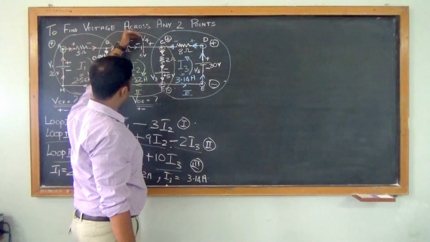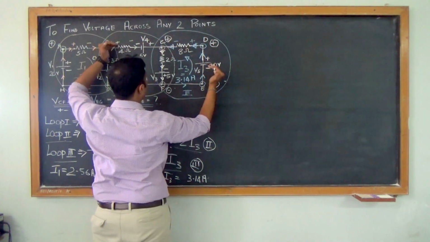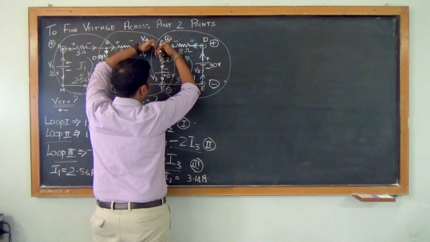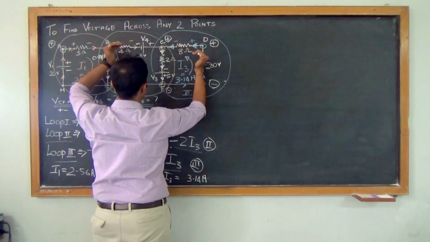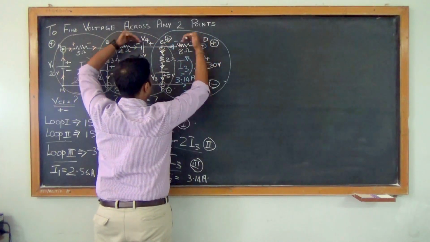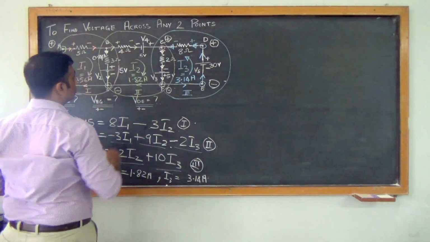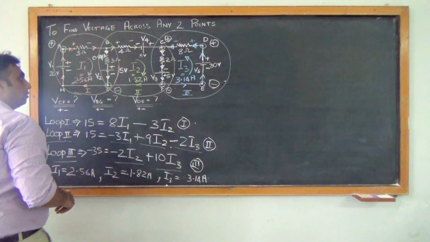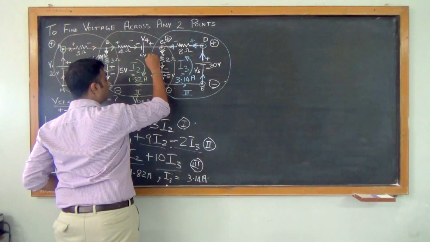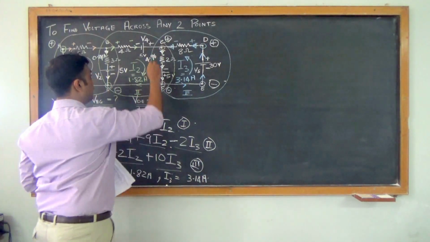You have I2 flowing in this direction and you have I3 flowing in this direction. So the effective current flowing in the 2 ohm resistor will be I2 plus I3. Here it is additive because both the currents are flowing into the 2 ohm resistor. So 1.82 plus 3.14 will give us 4.96 amps.